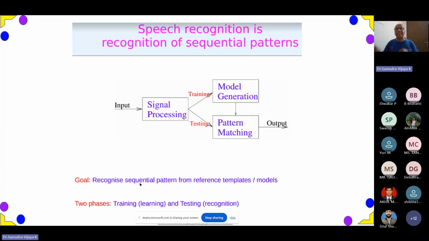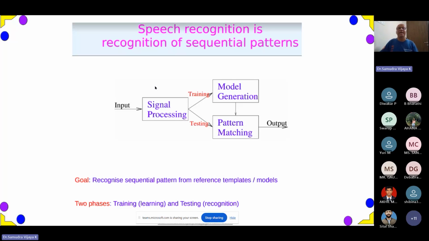Supervised pattern recognition means it is like a teacher; think of an LKG student. The teacher writes A: you put one line here, another line here, and put a line here. That is capital A. The teacher teaches and the student learns.